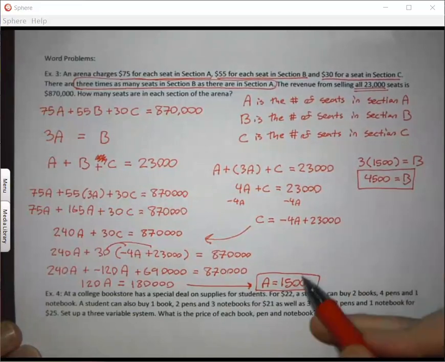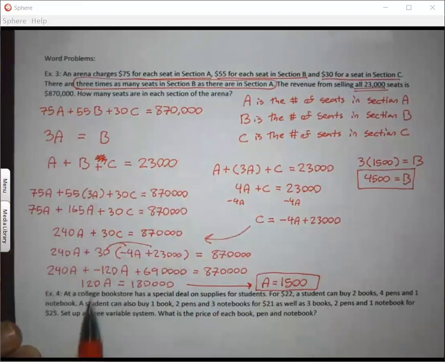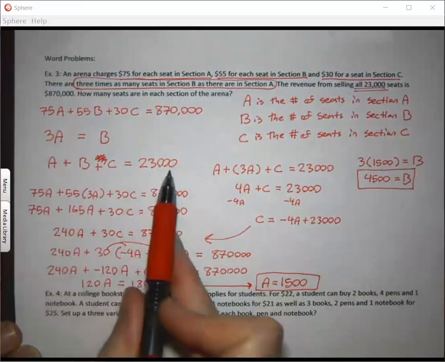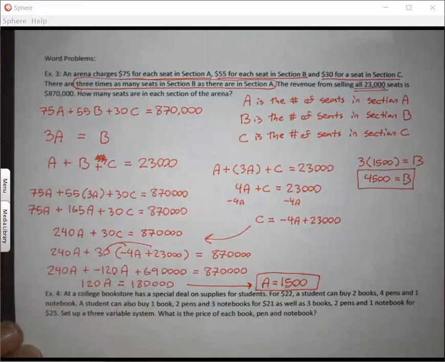So now that we know A and B, we can plug those back into any one of our originals to find C. I'm going to choose this one since it's a little simpler than the others.